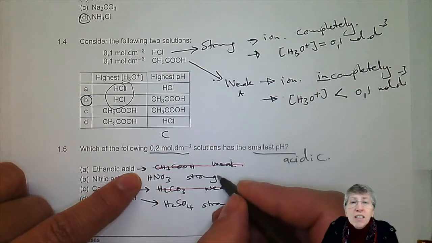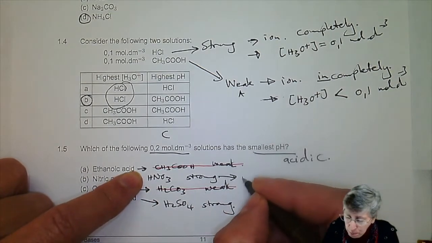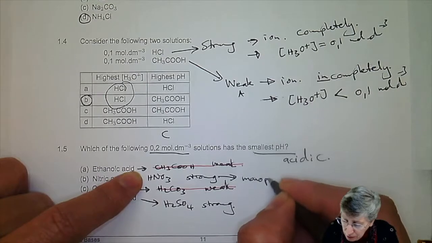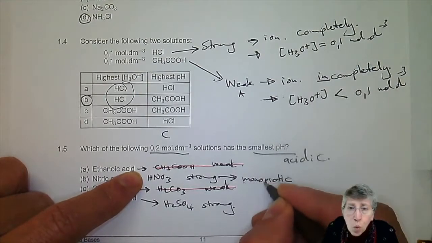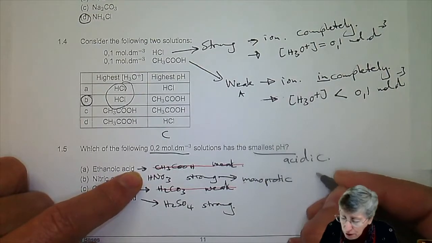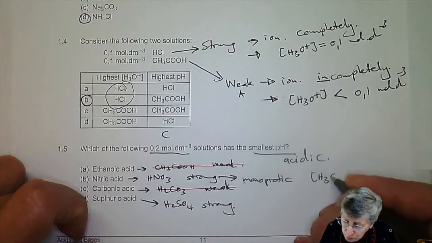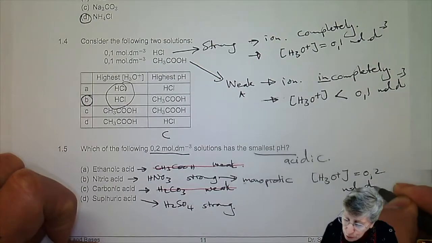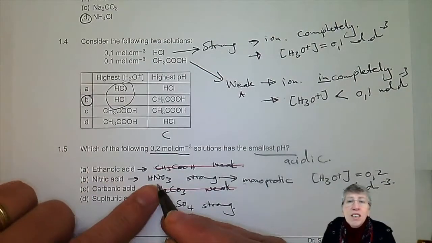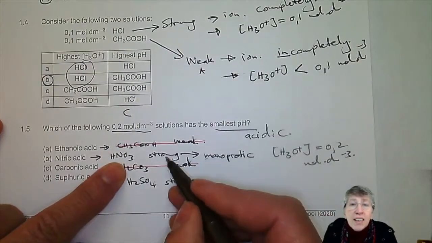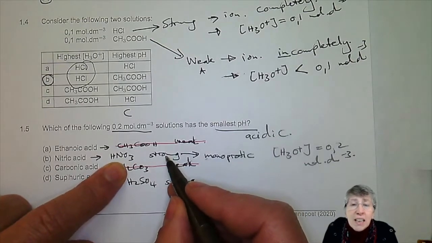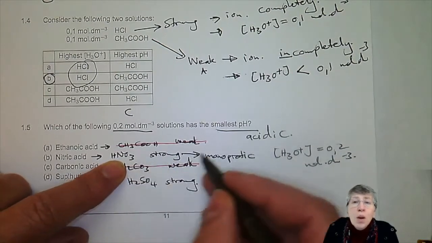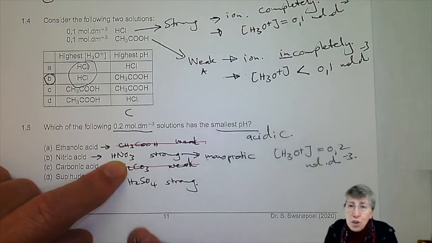The monoprotic one, giving off one proton, is going to have an H3O plus concentration of 0.2 moles per cubic decimeter, because every single HNO3 will react. It's strong, it ionizes completely, and every one of them will produce one H3O plus, right?